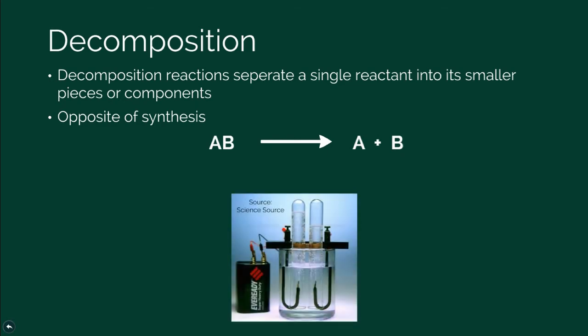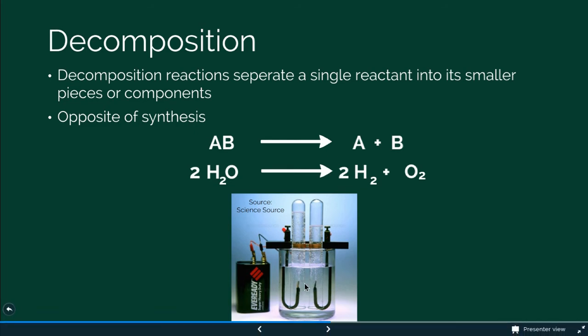And one example that we can use of this is the hydrolysis of water. It's actually a very simple experiment to do, that it only takes a battery and some wires and a beaker full of water. And so what's actually happening here is that the energy from the battery is splitting the water molecules that are in contact with this wire right here.